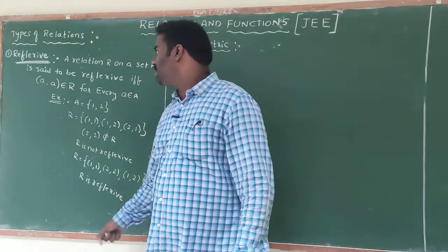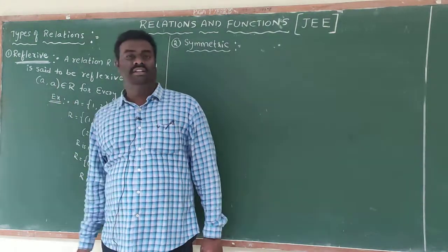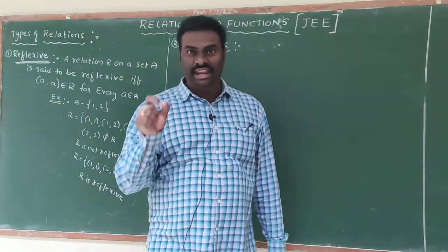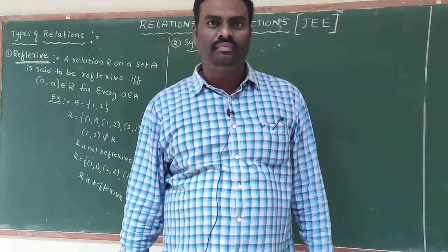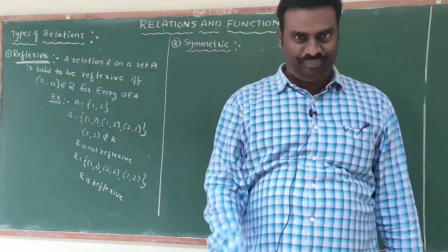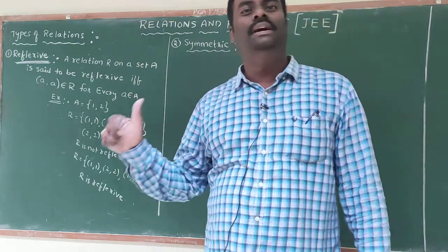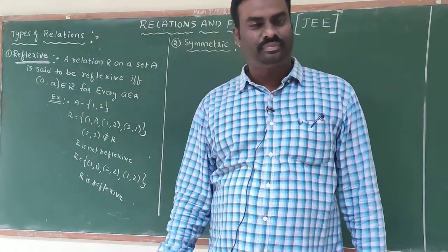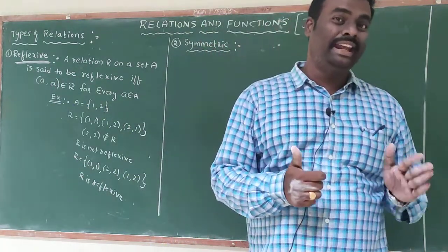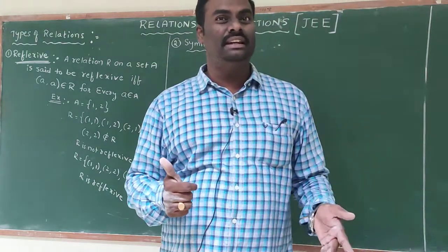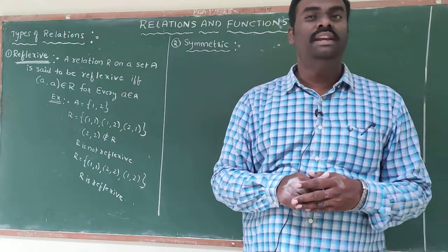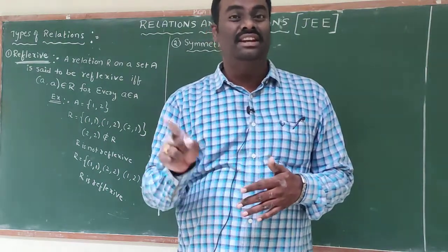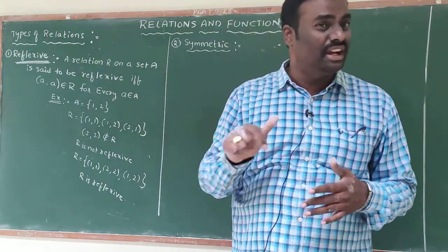According to reflexive relation, the both elements are what? Same. Means what? A is sister of A. If you take mother, A is mother of A. A person cannot be a mother or sister to same body. That's why that relation is not a reflexive relation.